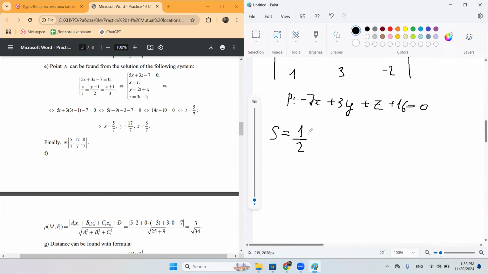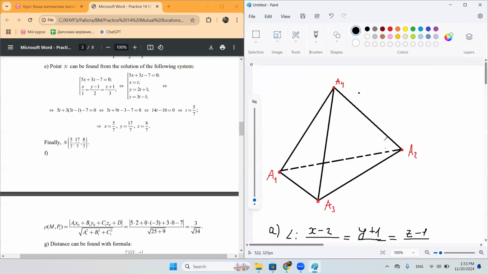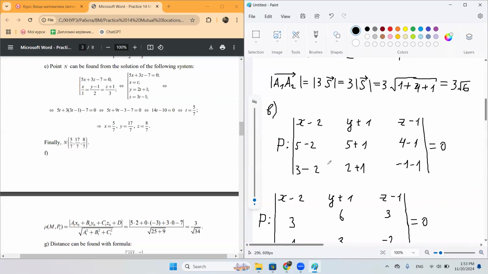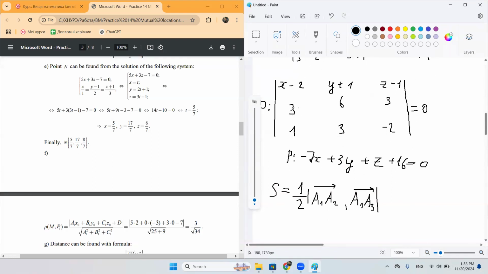Yeah, the magnitude of the cross product of A1, A2 and A1, A3. Of course we can choose any other vectors, it won't affect the results, so A2, A1 or A2, A3, but we already have coordinates for these vectors.